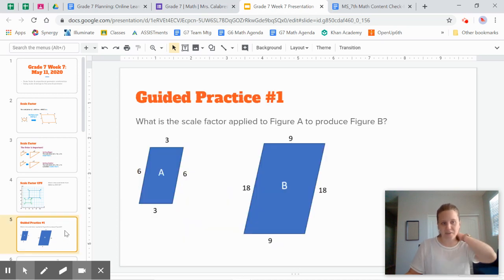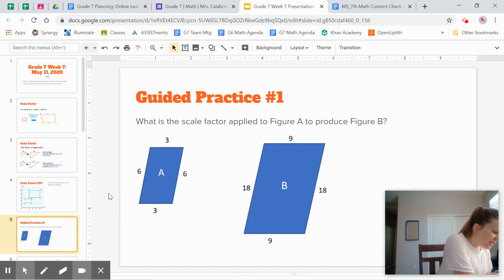Okay, let's do another one. Go ahead and try this one. Label this number 1 on your paper. Please read and complete on your own. You've got 60 seconds. Go.